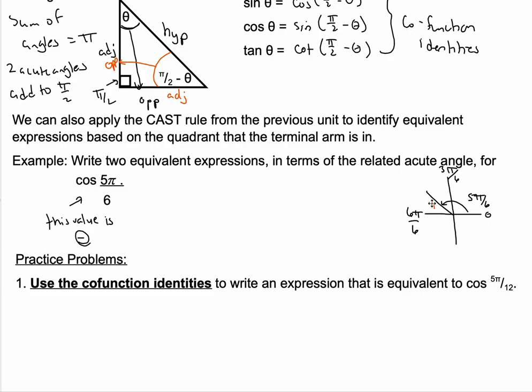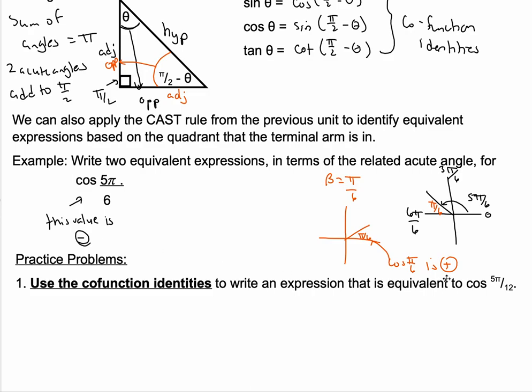The related acute angle right here is pi over 6. So beta is pi over 6. So I'm going to draw that all on its own. So there's pi over 6 in quadrant 1. The cos of pi over 6, just the regular acute angle in quadrant 1, is positive.